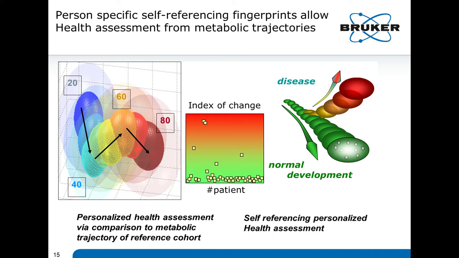But what you can also do, if you look at an individual participant and you have a longitudinal study, is discuss an index of change in the metabolic profile of this person. And that is shown here on the right side. If you have a normal development, then the metabolic profile will not really change over several years. And if this starts to deviate, then of course you can change your lifestyle, or you have to take medication at the end.